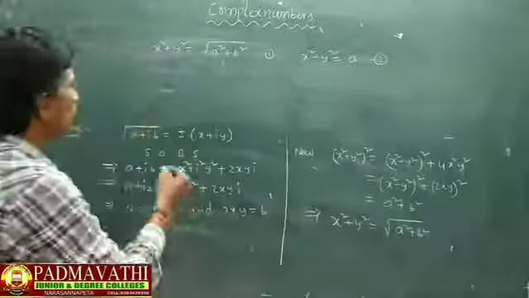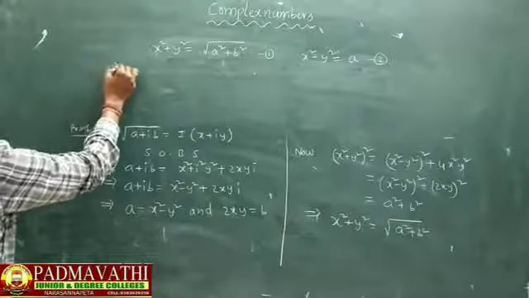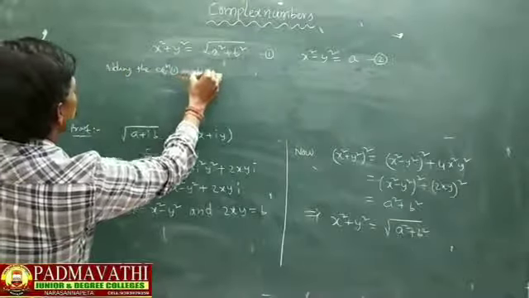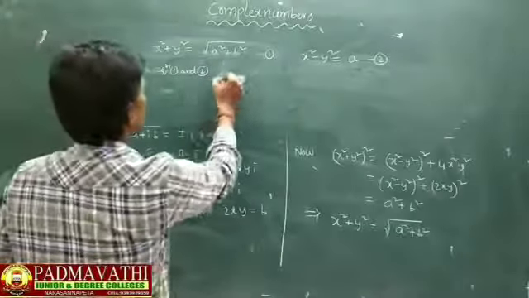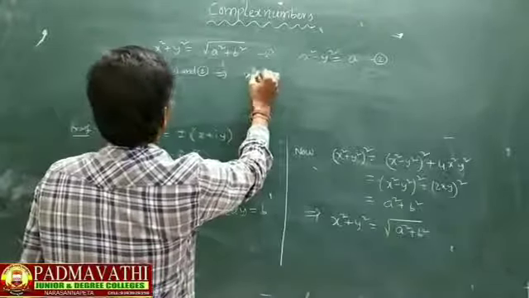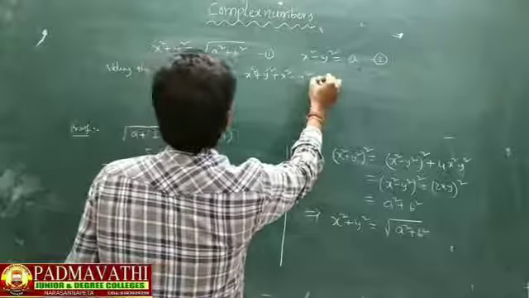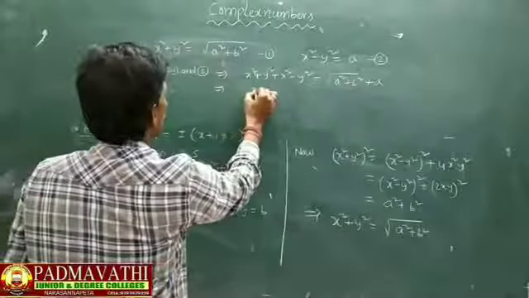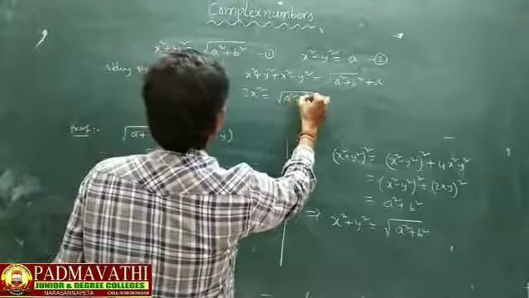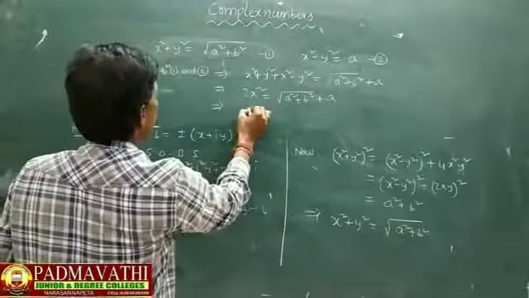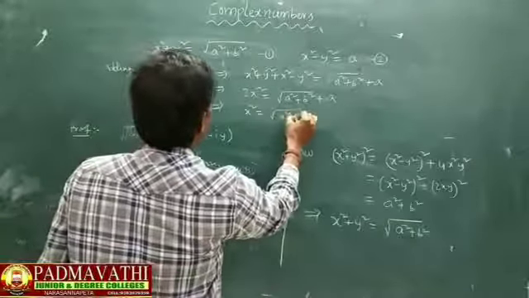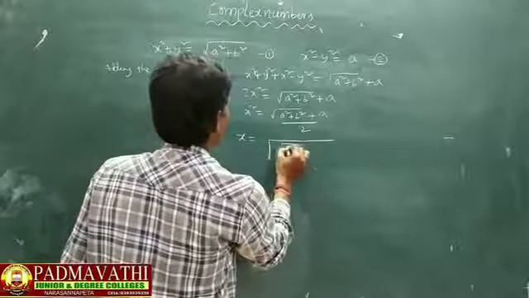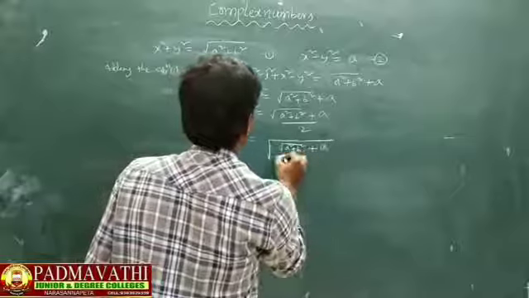Equation 2: x square plus y square equals root of a square plus b square. Adding equations 1 and 2, we get 2x square equals root of a square plus b square plus a, which implies x square equals (root of a square plus b square plus a) by 2, so x equals the square root of ((root of a square plus b square) plus a) by 2.